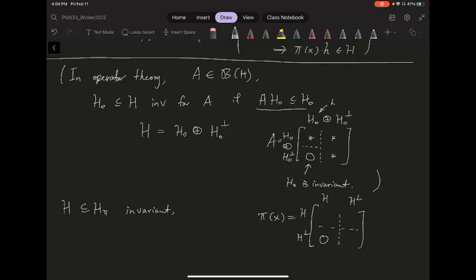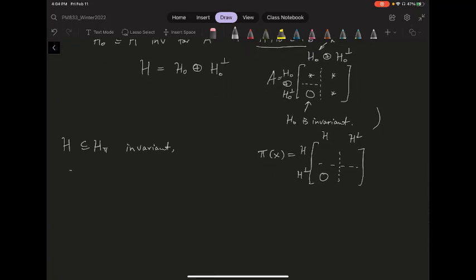But if you think about what happens to H perp, because π(x) inverse times H is also contained in H, that implies π(x) star of H is also contained in H. Another way of saying that is that this is equivalent to π(x) applied to H perp being contained in H perp.